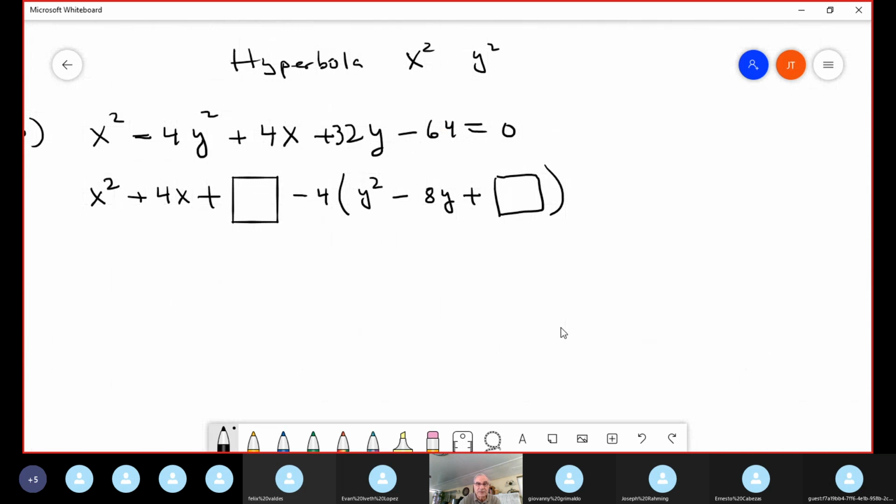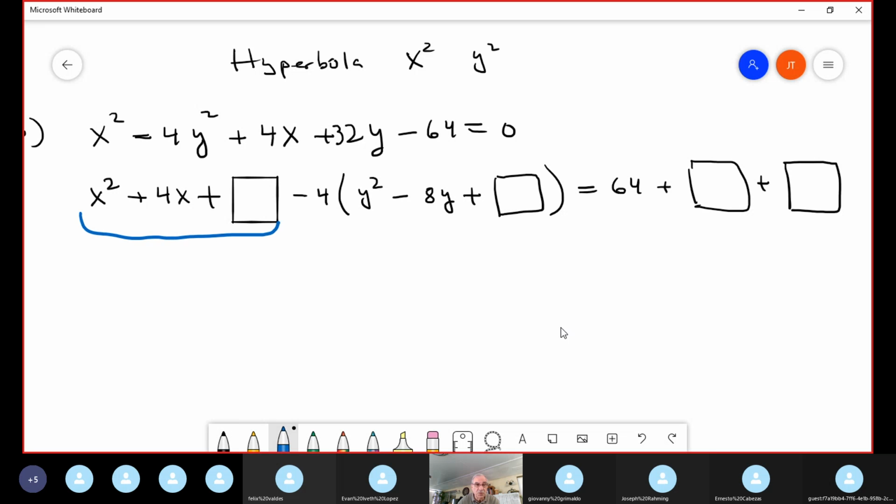Move it to the right hand side: 64 plus 2 boxes. This is the organization. Does everyone understand this organization very well? The x part did not need factorization, because the coefficient is 1. In the y part it's not 1, it's -4, so I factor out -4. Okay?